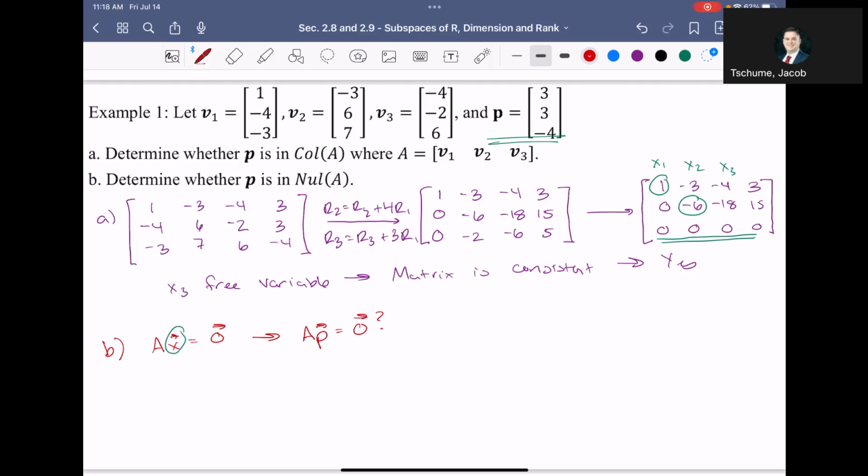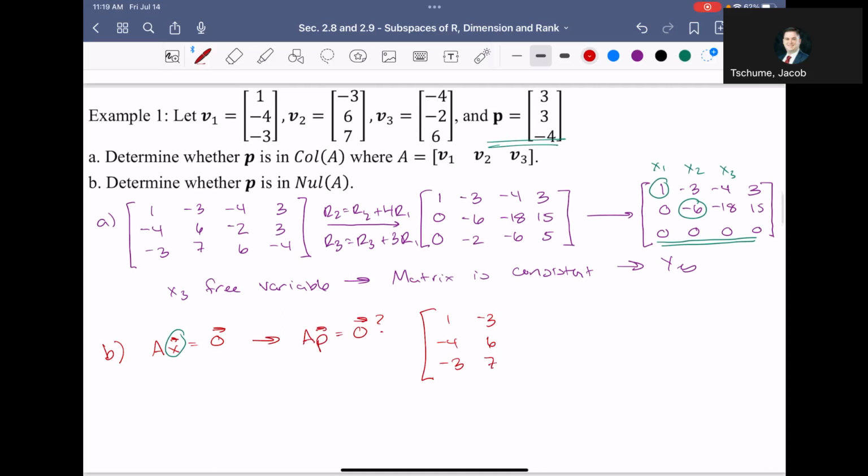So to do that, we're going to take matrix A, which remember is the 3 vectors V1, V2, V3. And we're going to multiply that by P, which is 3, 3, negative 4. And you're going to multiply these using the row column rule. So remember, the rows of the first times the columns of the second.